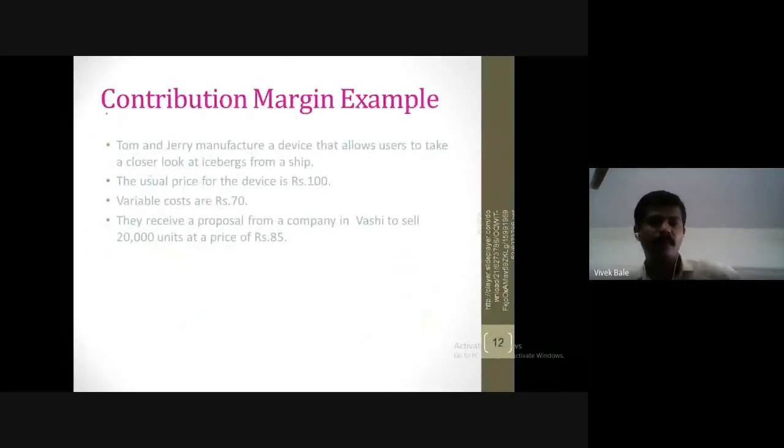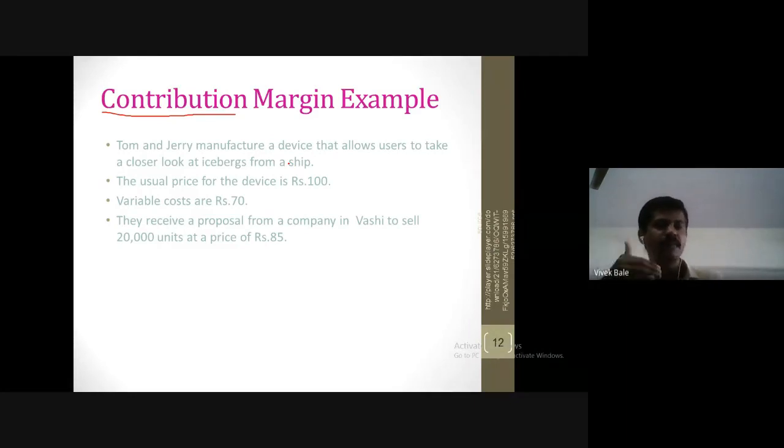Now we have just studied the contribution. Here there is one example with which you can easily understand the meaning of contribution. Tom and Jerry manufacture a device that allows users to take a closer look at an iceberg from a ship. Whenever people are traveling through the ocean on ships, there might be some icebergs, and people want to see them at a very close look.